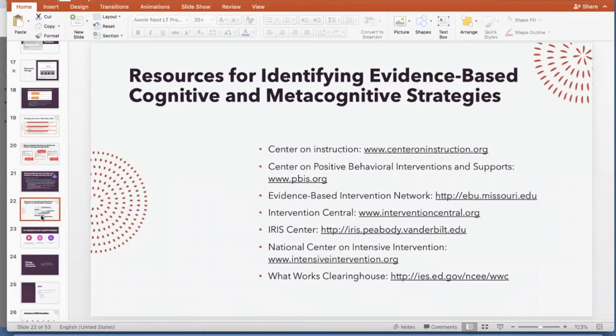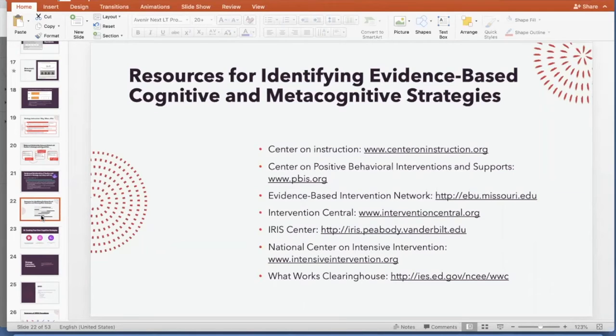These are all places you can go and find existing strategies that are evidence-based and ready to go. I'm going to talk to you about how you can create your own strategies, but you don't always need to create something new, right? There's a lot out there that already exists and is ready to go. And these are some really great places to find things that you can use.